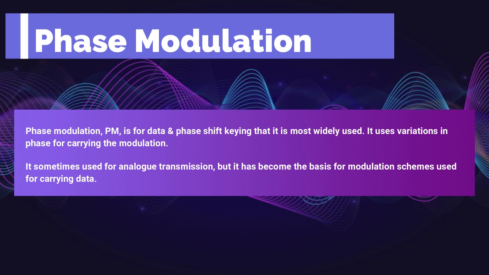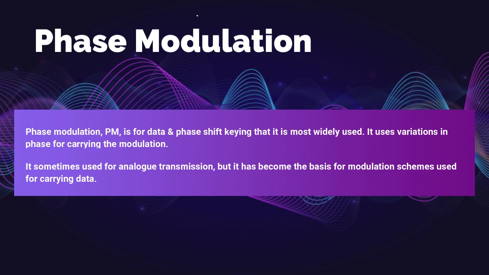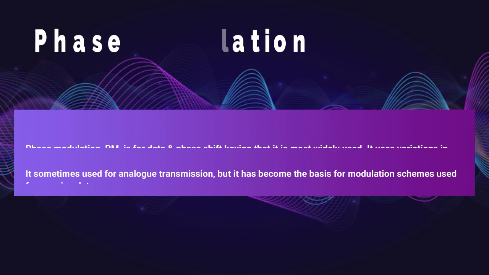As a result, the term angle modulation is often used to describe both. Phase modulation or PM is used for analog transmissions, but it has become the basis for modulation schemes used for carrying data.